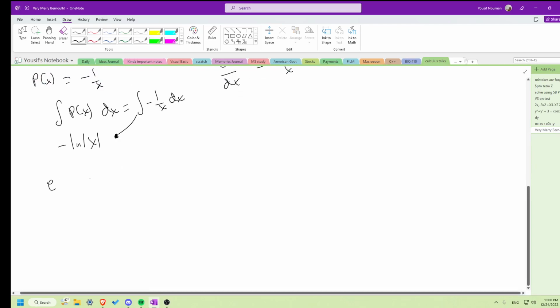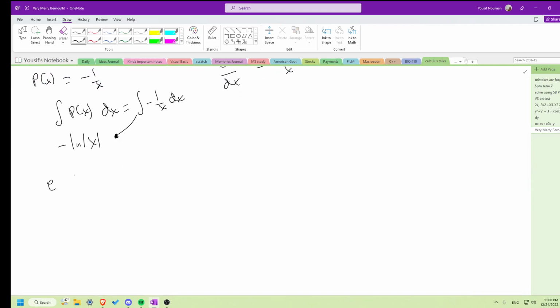To get our integrating factor, we raise e to the integral of p dx. So, e to the negative ln x is equal to the absolute value of x to the negative 1, because this is equivalent to e to the ln x, to the negative 1.